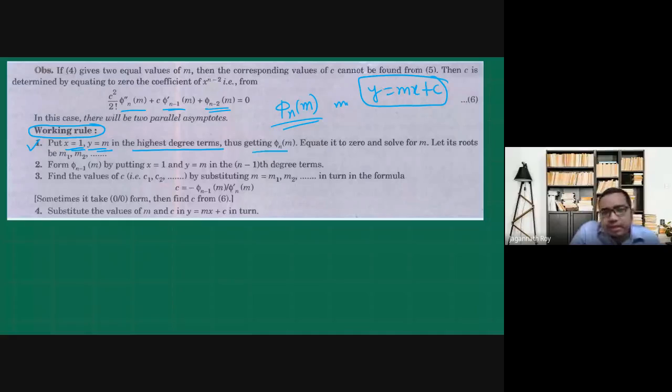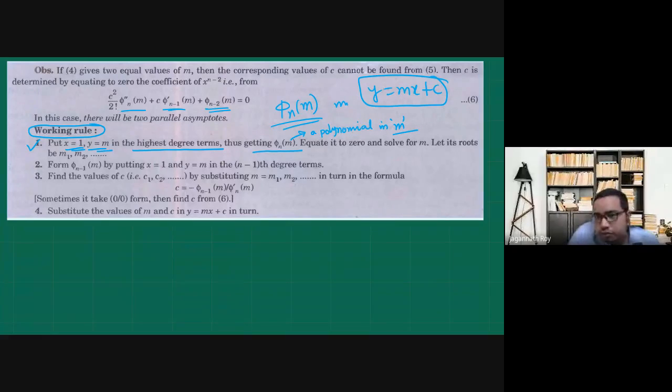Thus we get an n-degree polynomial in m.